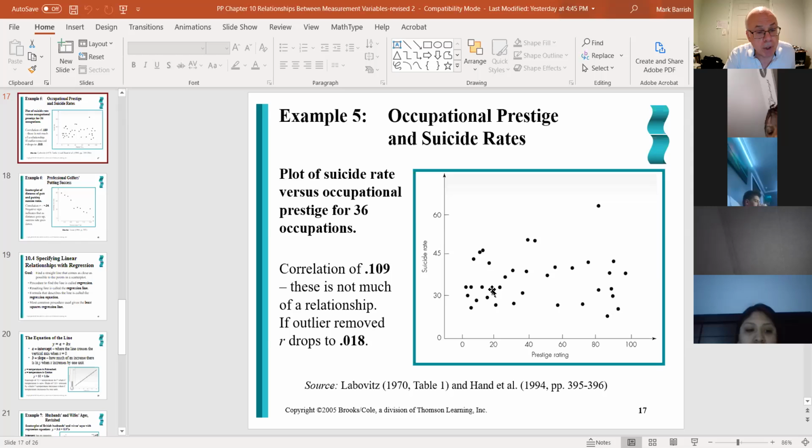So again, the correlation runs from -1 to 1. The -1 is perfect negative correlation. +1 is perfect positive correlation. 0 means no correlation. And by the way, correlation only measures linear relationships, as a straight line. It does not measure nonlinear relationships.